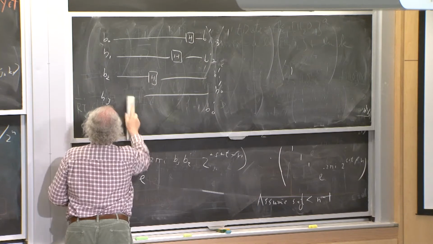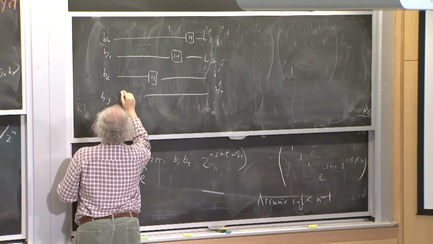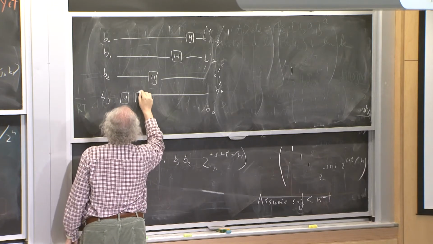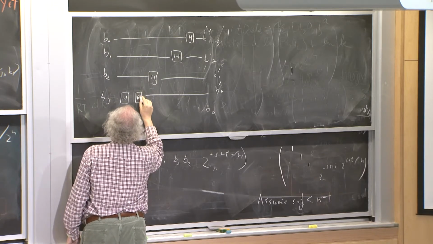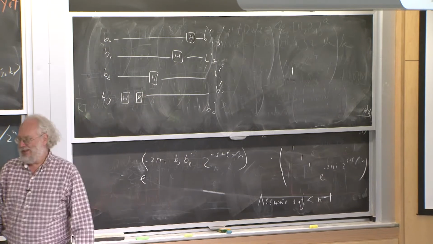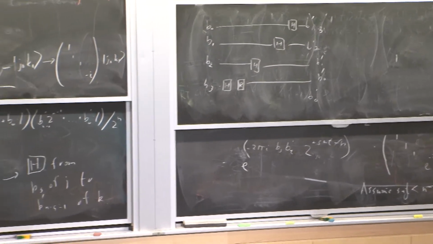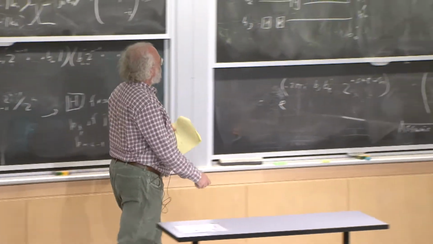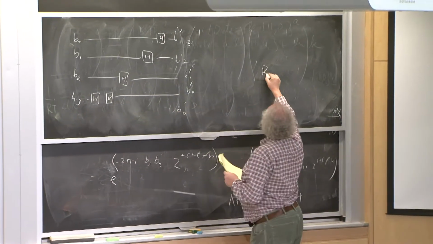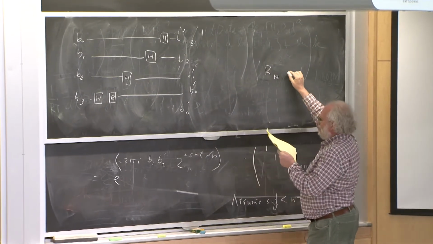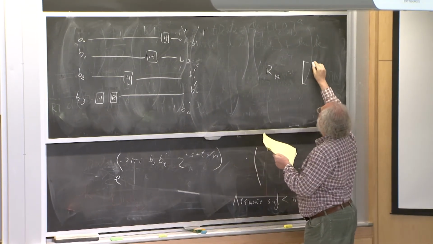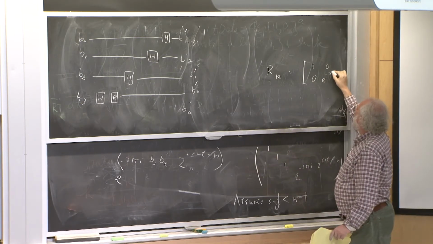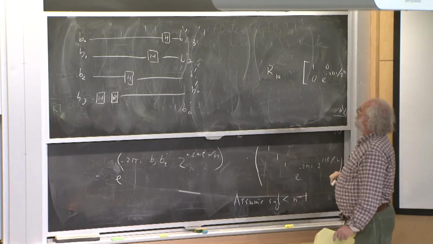And what gate should we do? Well, let's call this R. Okay, I want to use the notation in the book. So we'll say R sub k is equal to 1, 0, 0, e to the minus 2 pi i over 2 to the k.